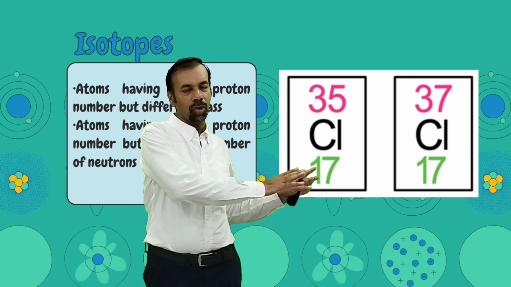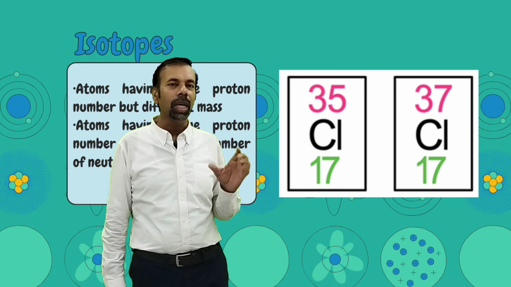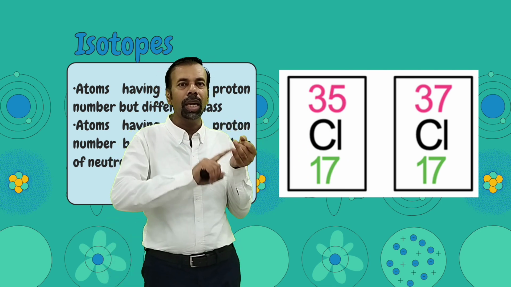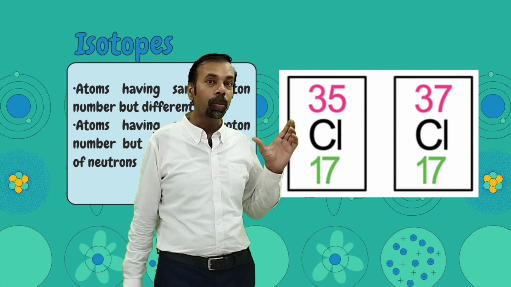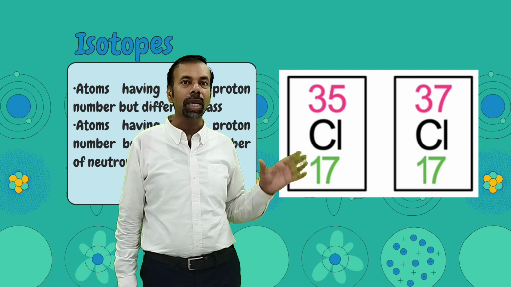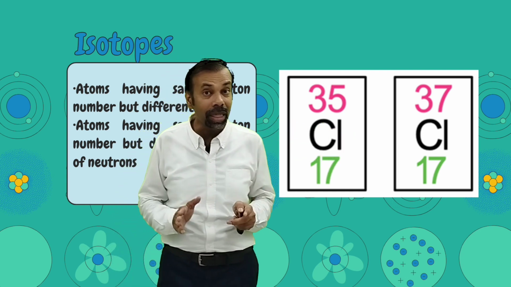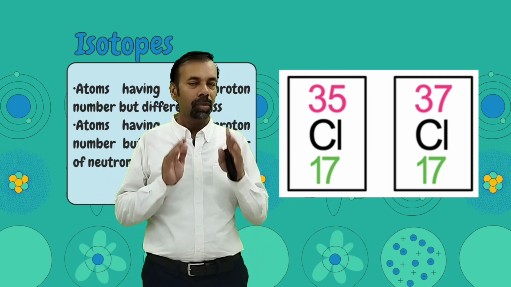They have the same electrons. If you look at the electronic configuration of these two isotopes, 17 electrons, 2 electrons in the first shell, then 8 in the second, and 7 in the third shell. So both of these isotopes have 7 electrons in their outermost shell. It means they will have the same chemical properties.